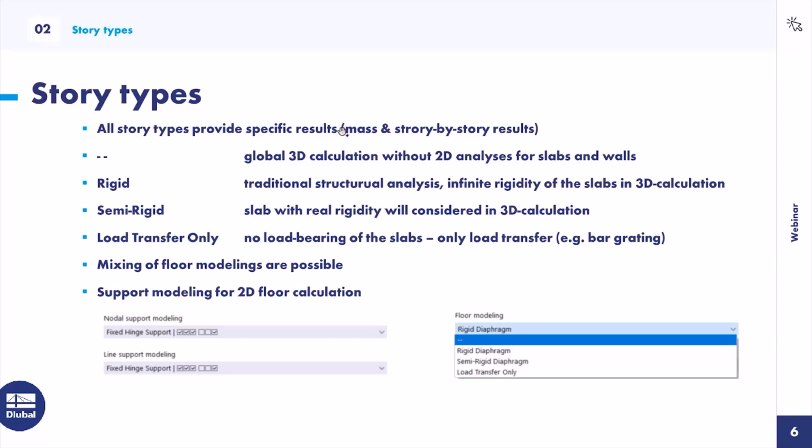Then we have the next type, the rigid diaphragm. It's for, I would say, traditional structural analysis or calculations, where 3D effects are not considered.